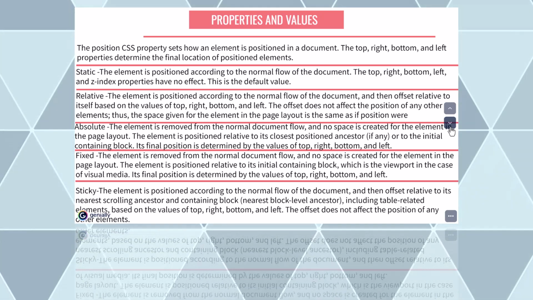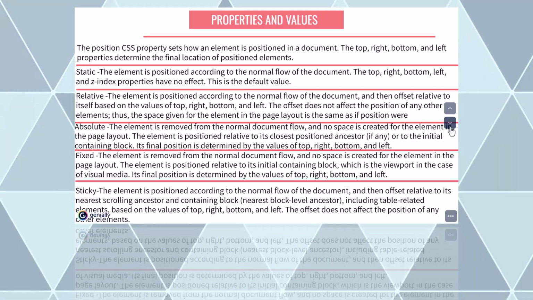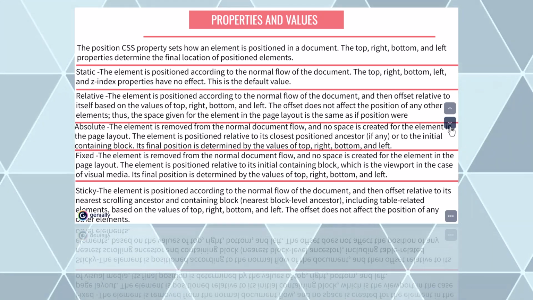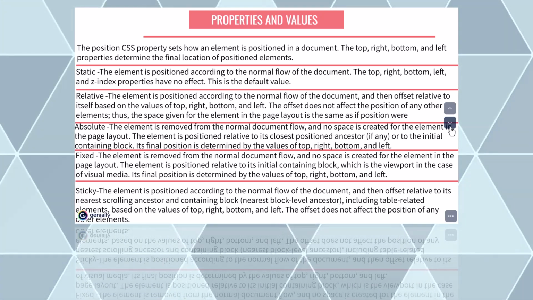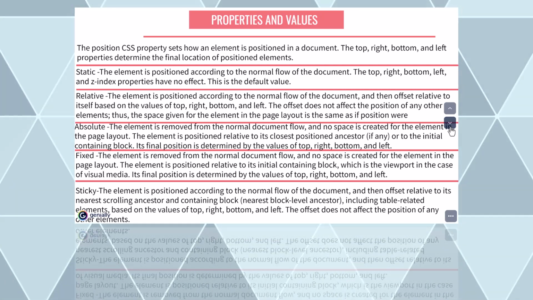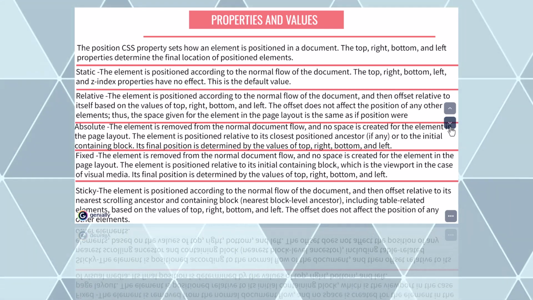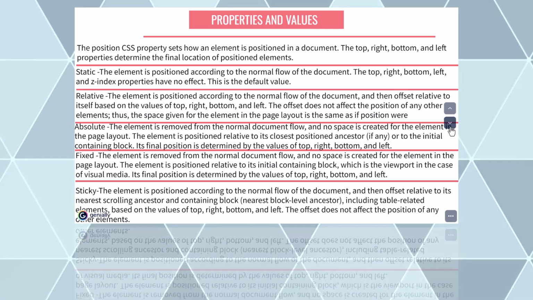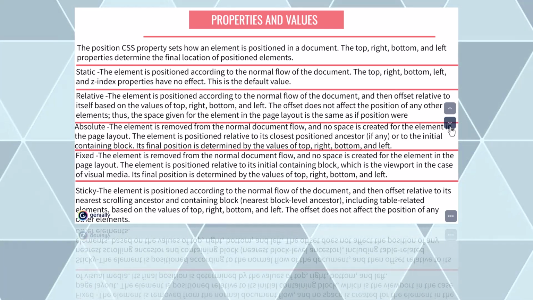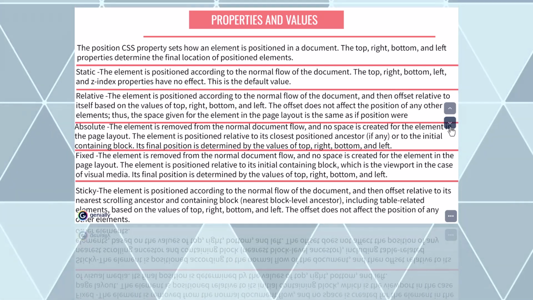Or you can refer back to your book. From my understanding, the position property is where you can position something, like an image or something, to the top or to the left side or to the bottom. I don't think I'm right.